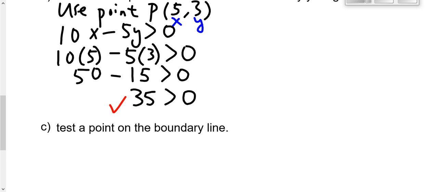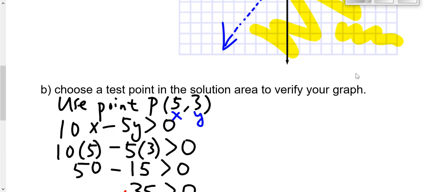Part C, test a point on the boundary line. Some of you probably realize that I've never randomly picked a point along the line. So let's see what happens, because any point on the line is a little bit iffy. So anyway, you'll see this in a second. So pick a test point on the boundary line.